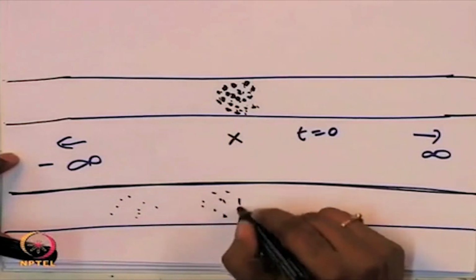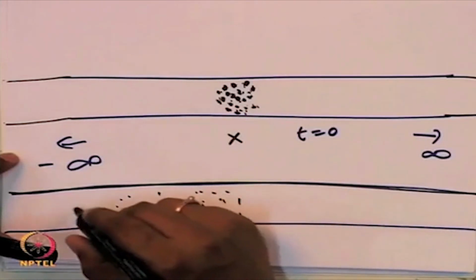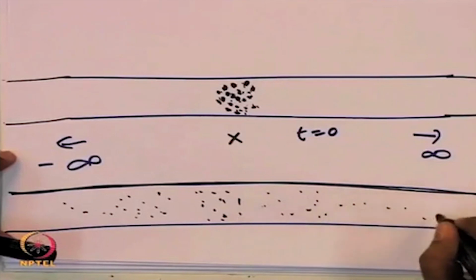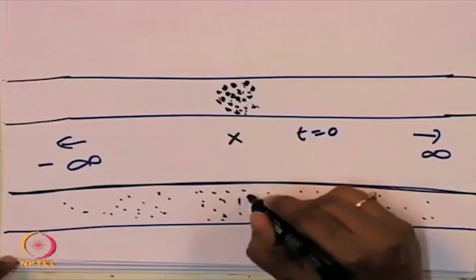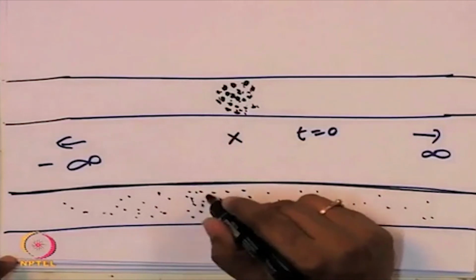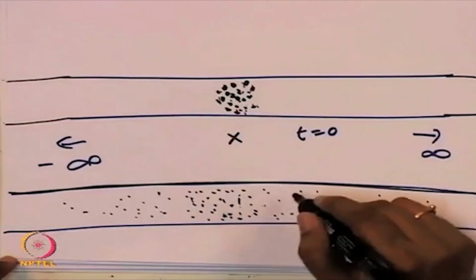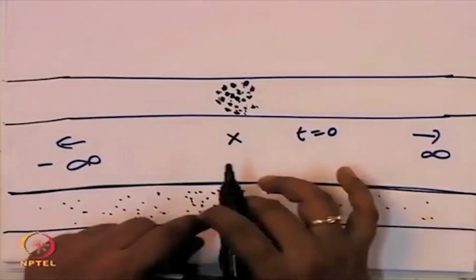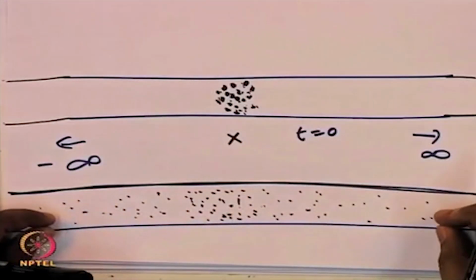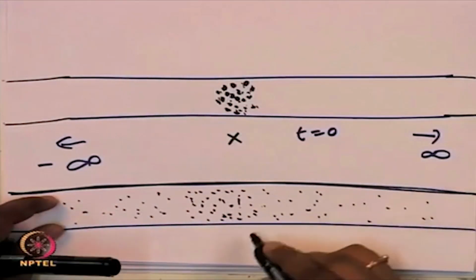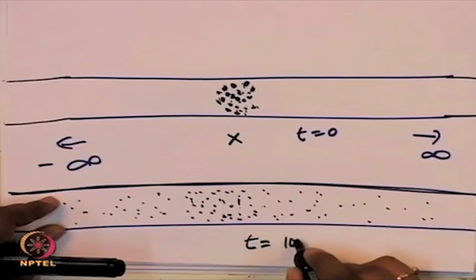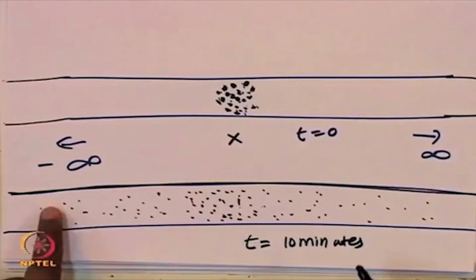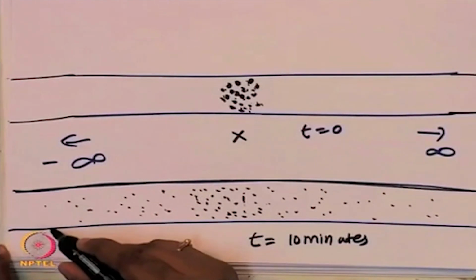There will still be a lot of molecules here, but some of them would have diffused away. Most of it will be here, but some slowly would have diffused. So the concentration would have decreased here, but the concentration here increased. So, this is t equal to let us say 10 minutes. It diffused from here up to this.